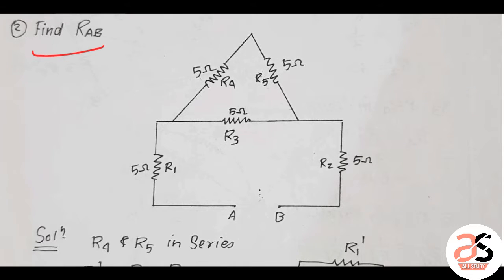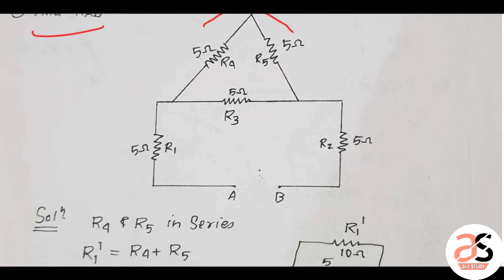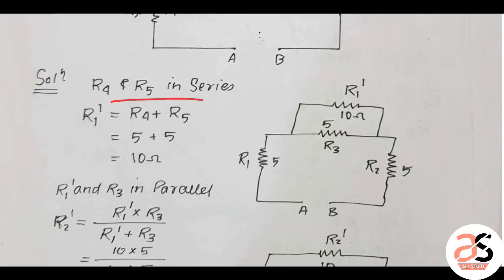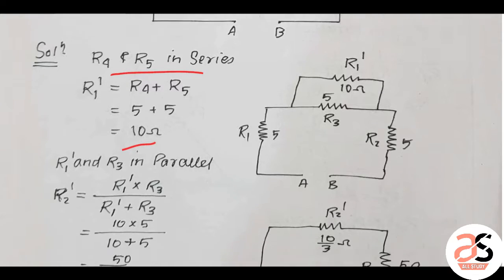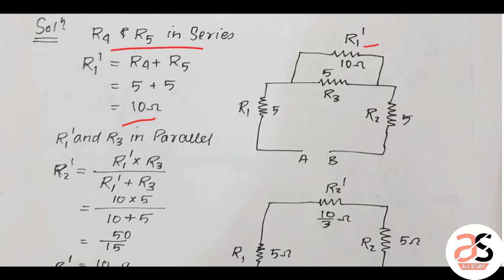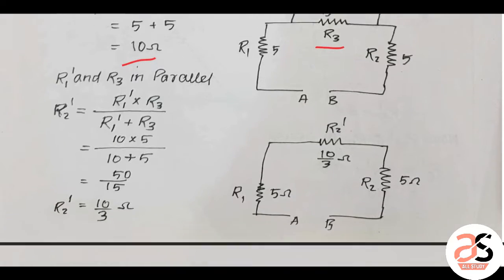Find RAB. Here also you have to do it in a similar manner. Here these two are in series. So the value is 10 ohm. This is R1 dash. This is R3. Now they are in parallel.